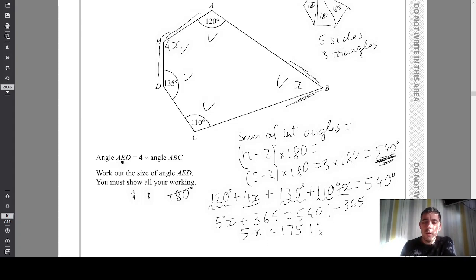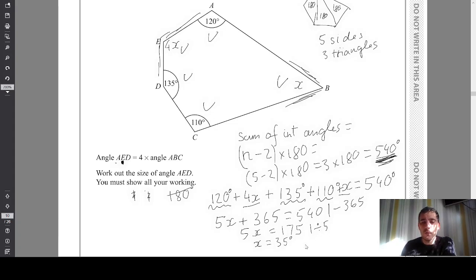Divide both sides by 5 now, and x would be equal to 35 degrees, but it doesn't ask for x, it asks for AED.